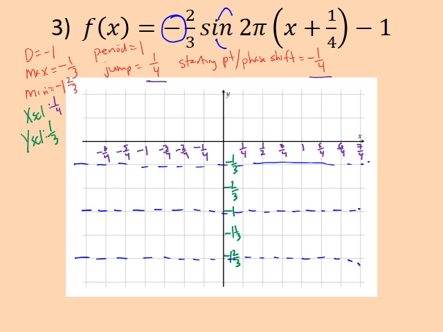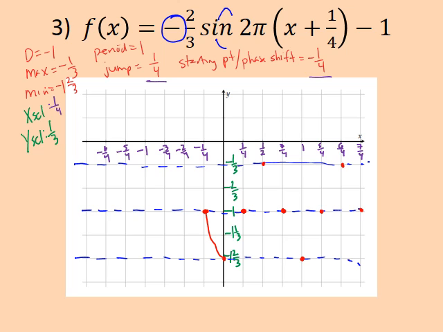So our starting point, as we said, is negative 1/4, and it's a negative sine graph, so we're going to start at the middle. Because it's a negative sine graph, we're going to first start by going down. So negative 1/4, negative 1. Then we're going to go down to 0, negative 1 2/3. Then back to the middle, and then back to the maximum, back to the middle, down to the minimum, back to the middle, up to the maximum, back to the middle.